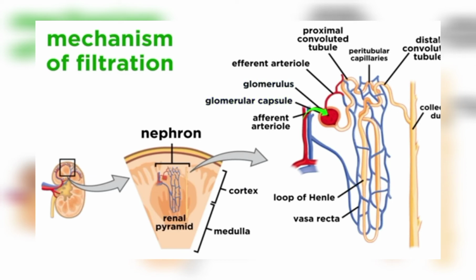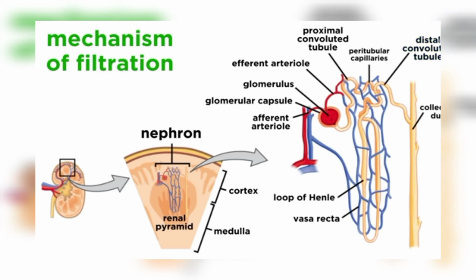Fluid from the bloodstream, or filtrate, will enter into the capsule and then into the renal tubule. This tubule has three sections: a proximal convoluted tubule with many turns, a long nephron loop, and then a distal convoluted tubule, which again has many turns.